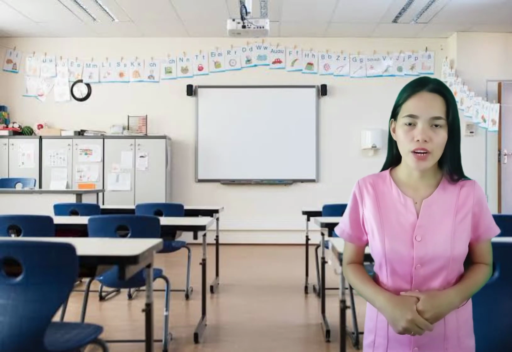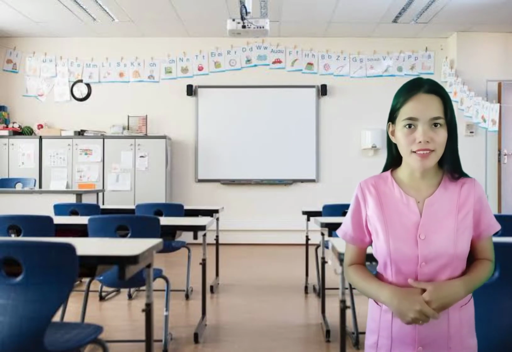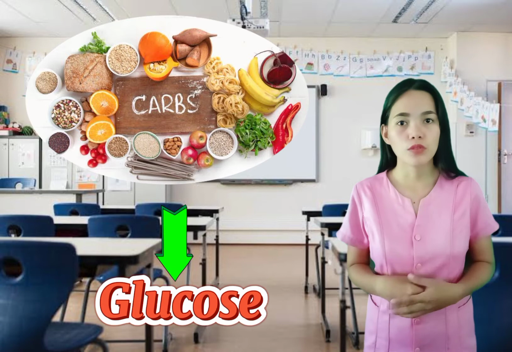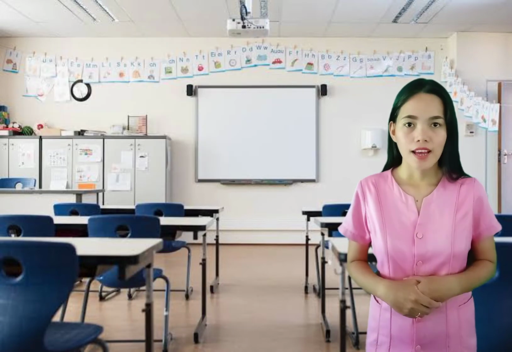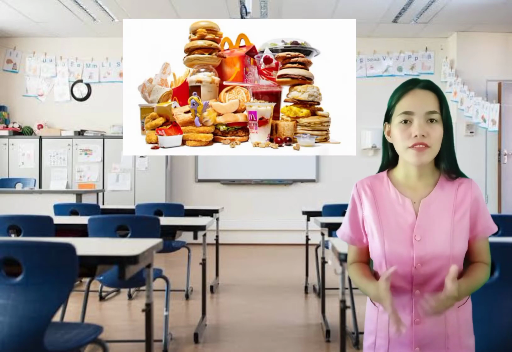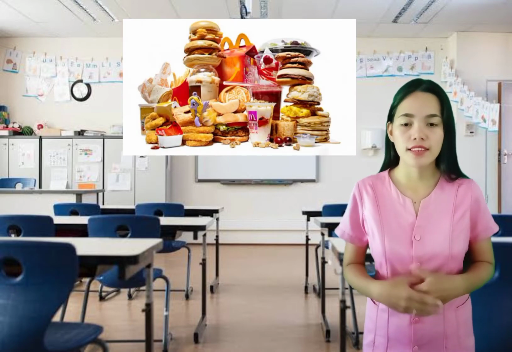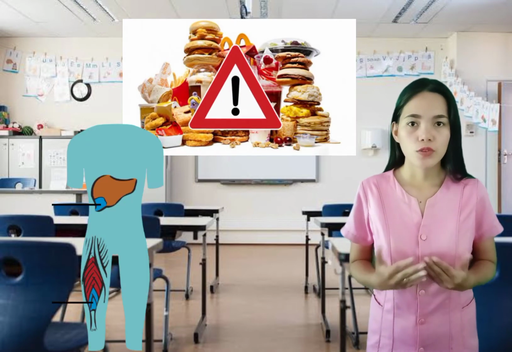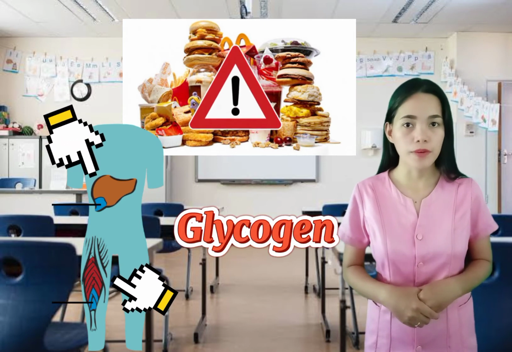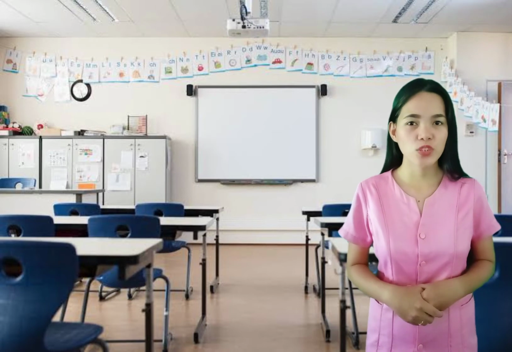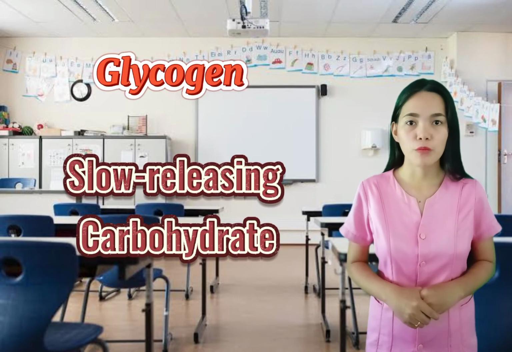Now the different saccharides that we human beings eat are being converted into glucose, which can then be used readily by our body. However, the excessive consumption of carbohydrates is converted to glycogen, which is stored in our liver and our muscles. Now, glycogen is actually a slow-releasing carbohydrate.